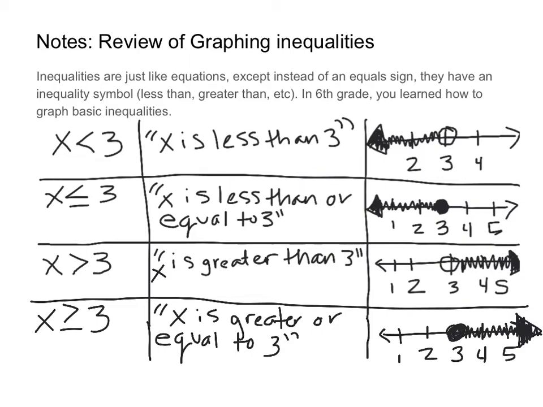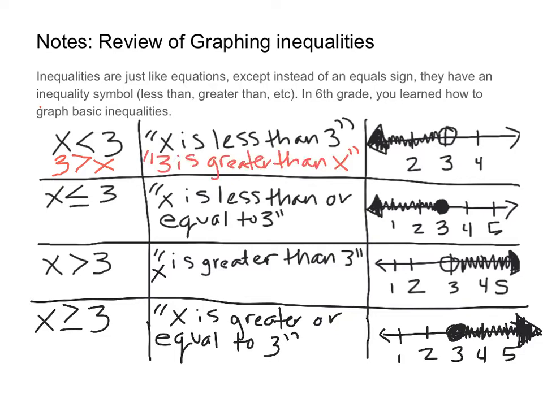Now, it's important to note, so we're going to go back into our table and we're going to add in that there's an alternate way to write each of these. So x is less than 3. That's the same thing as saying that 3 is greater than x. It looks the same on the graph. You would just say it the other way around.